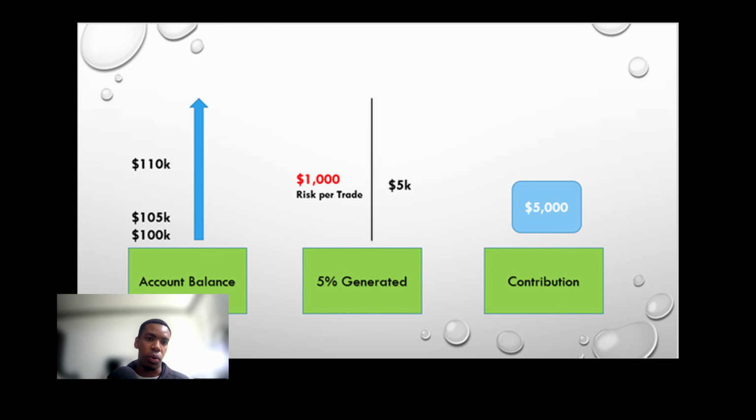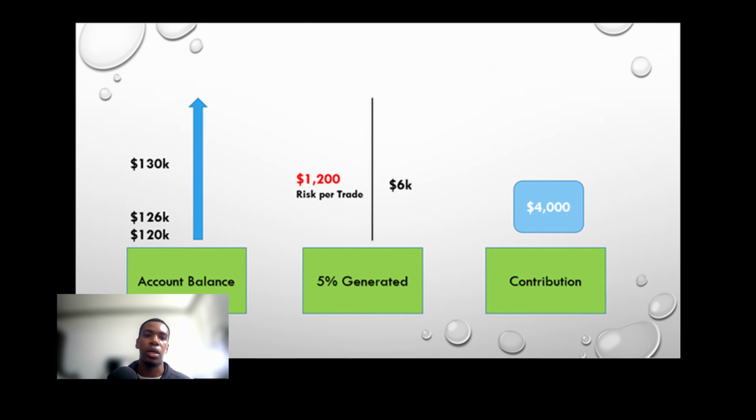And then at this point, an additional 5,000 can be added to the account to increase it to 110,000. And then the next milestone would be 115.5. Max risk is 1,100. And then you can increase it by adding 4,500 to the account, bringing the total to 120,000.